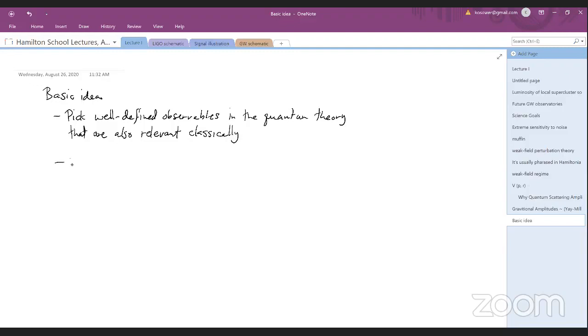And then we're going to see how to express them in terms of scattering amplitudes.